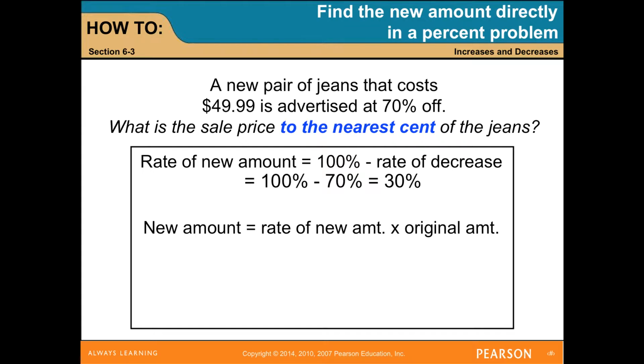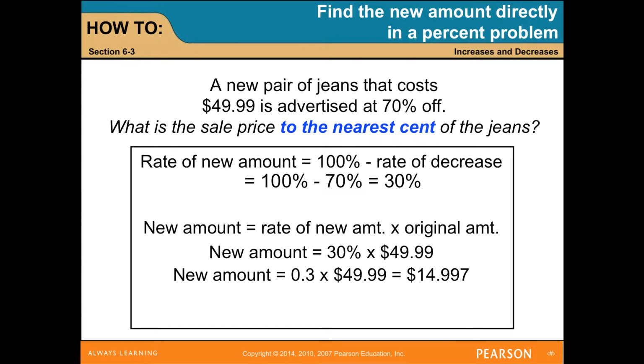The new amount equals the rate of the new amount times the original amount. New amount equals 30% times $49.99. New amount equals 0.3 times $49.99 equals $14.99. So the new amount is $15 when you round it.